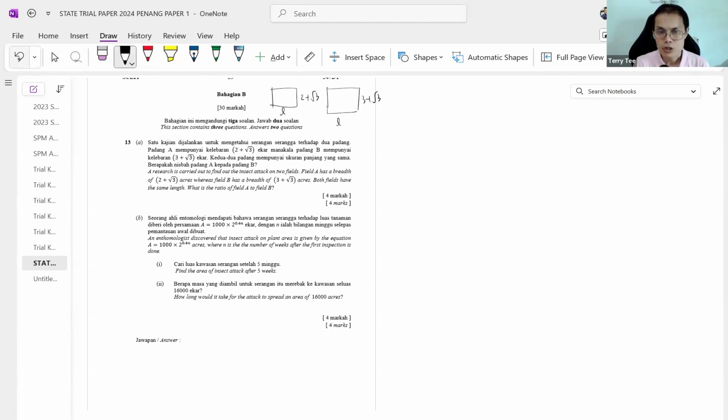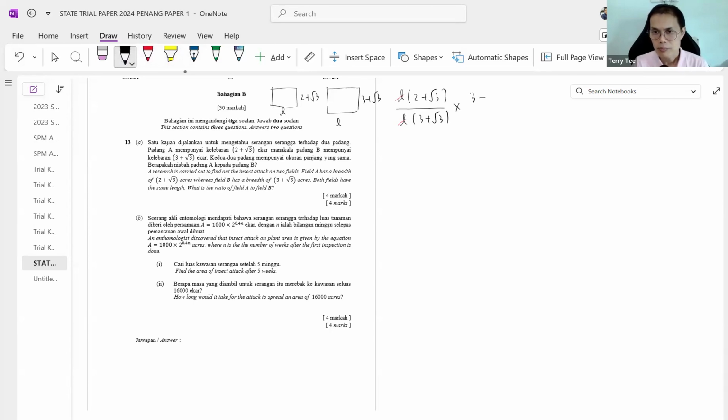So basically they share the same length, different breadth. So you're finding the ratio of the area, right? We just take the area, length times breadth, 2 plus surd 3, divided by length, 3 plus surd 3. We can cancel out the length. The length is not important. Yeah, we just have to simplify this ratio.